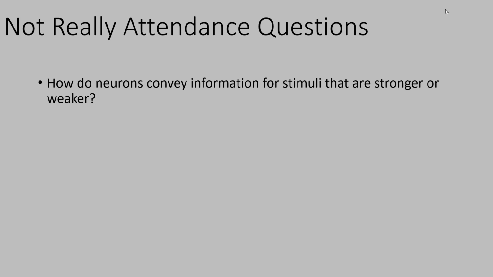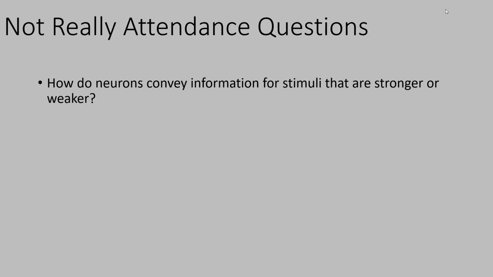Remember, an action potential always has the same amplitude. It goes up to positive 30 millivolts and back down. So if something is stronger or weaker, it's not that we get above or below 30. The action potential amplitude never changes. So what is it that means there is a stronger stimulus or a weaker stimulus?